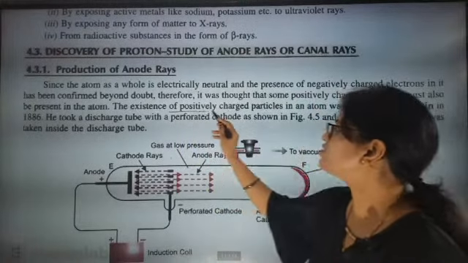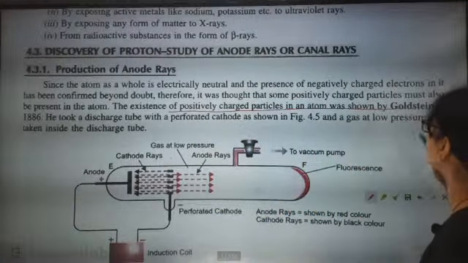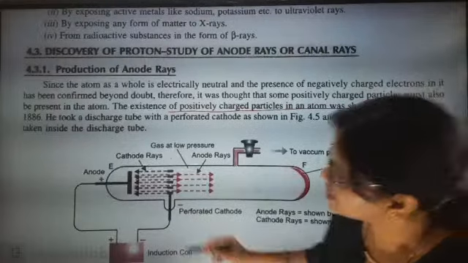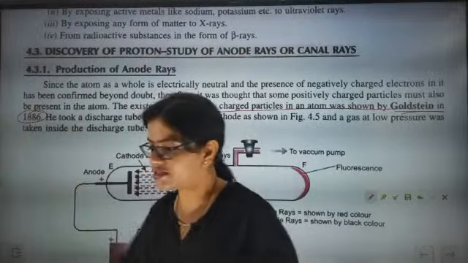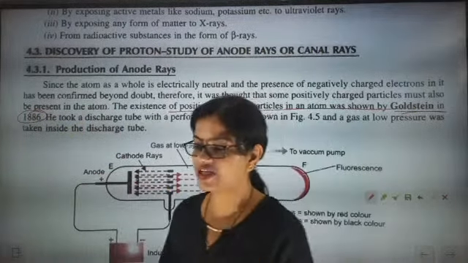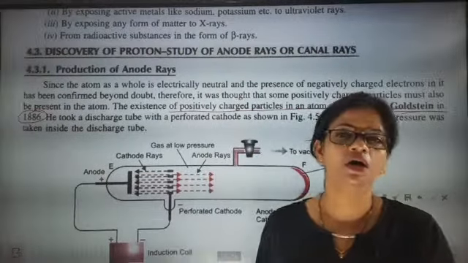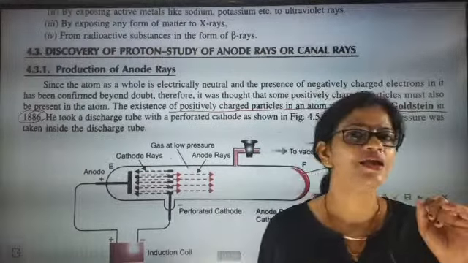The existence of a positively charged particle in the atom was shown by Goldstein in the year 1886.